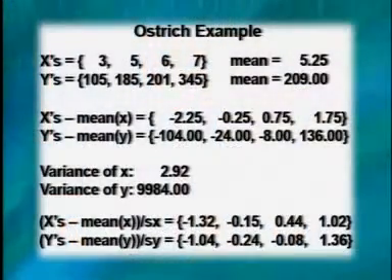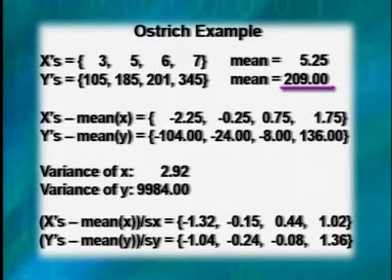So here are the different farms. We have the number of hens in each farm, and then down here we have the number of eggs that each one produced. We deal with the farms individually, that is, the number of eggs per farm. We have a mean of 5.25 hens per farm, and here we have the mean of 209 eggs per farm.